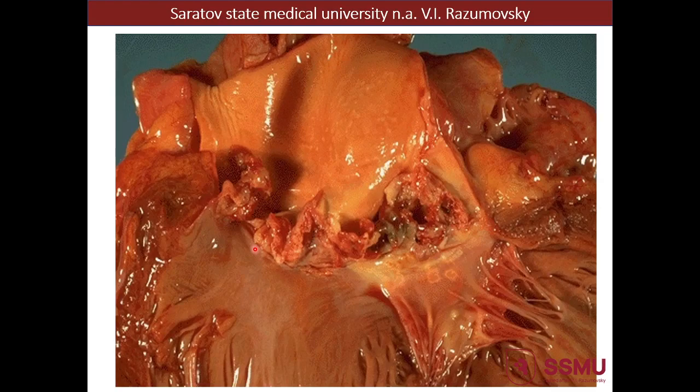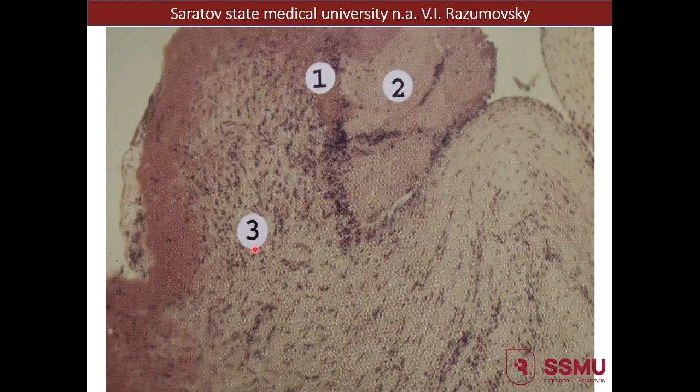So this form of endocarditis may also be complicated by formation of thrombus and embolism. Histologically, we may see thrombus here, overgrowing of connective tissue, and involvement of endothelium in the pathological process.